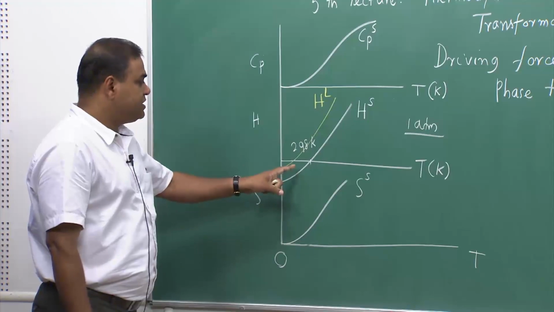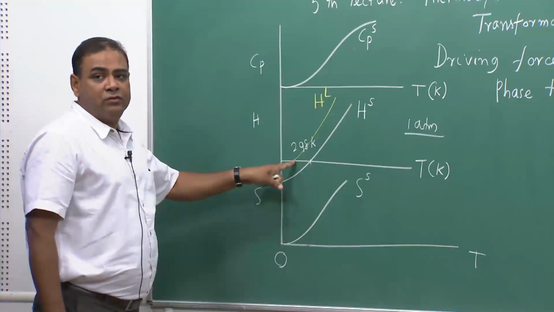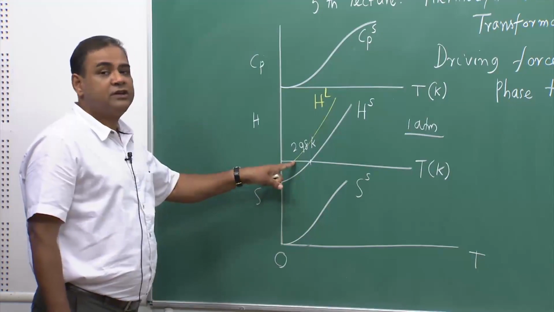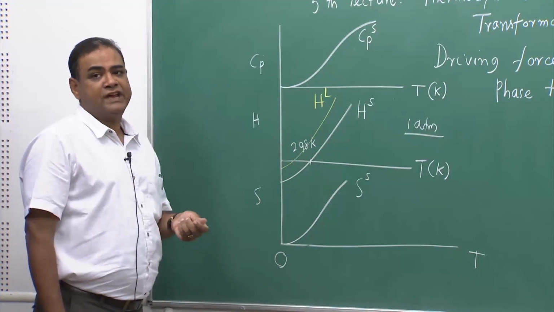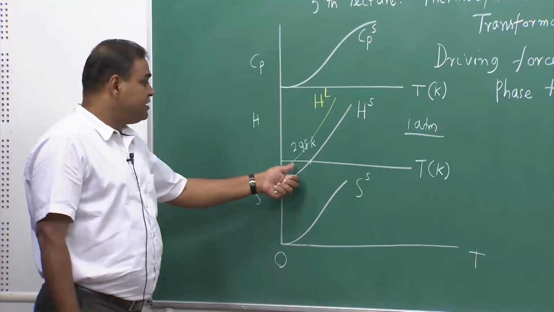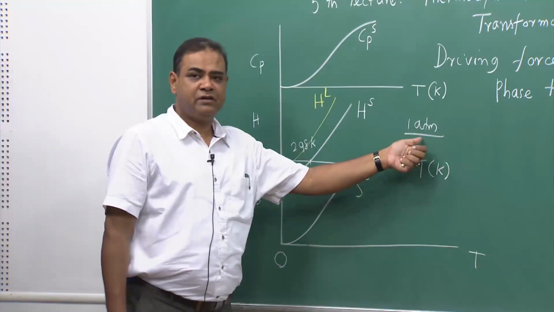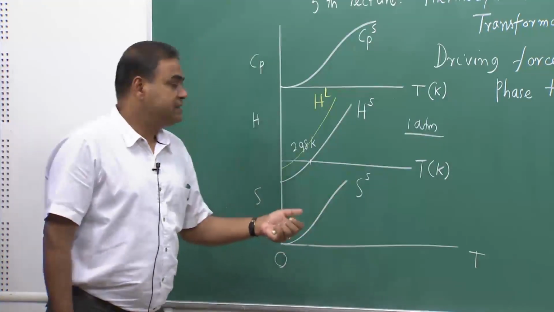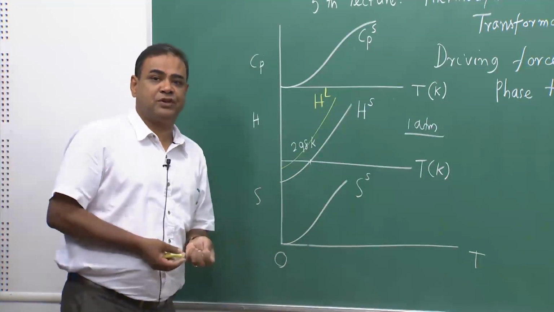Now, here interestingly it is also going through a 0 value, but that 0 value does not cross the temperature axis at 298 Kelvin, because the standard state, which is 1 atmosphere pressure and 298 Kelvin, is where the enthalpy of solid is assumed to be 0.